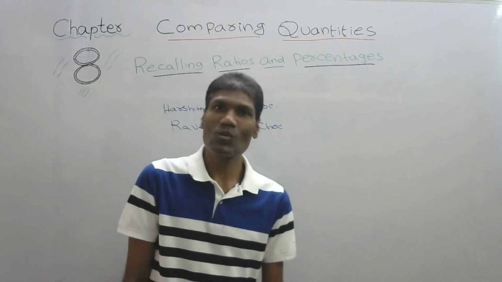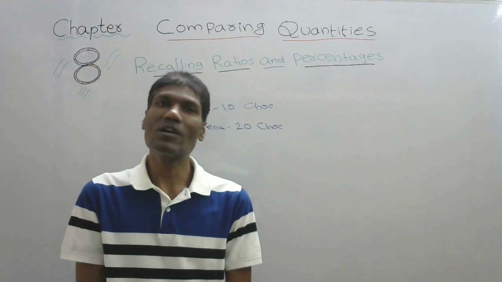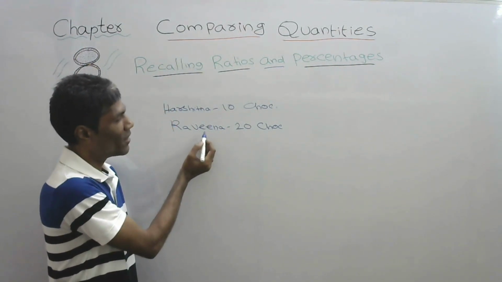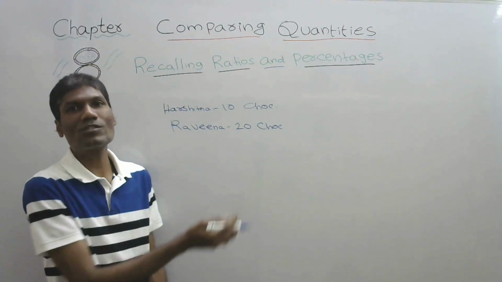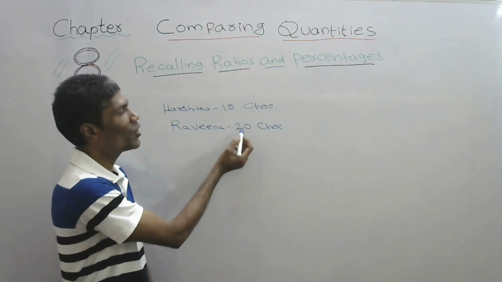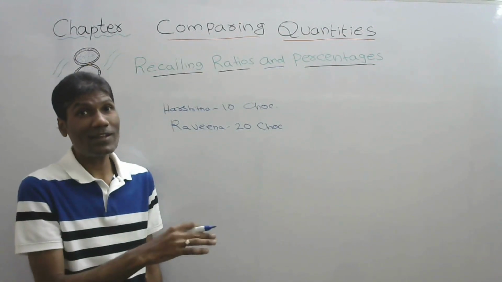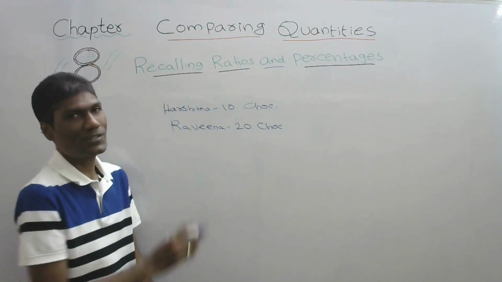How will you compare? You will say Ravina is having more chocolates. How many? 20 minus 10. So she is having 10 chocolates more than Harshita.